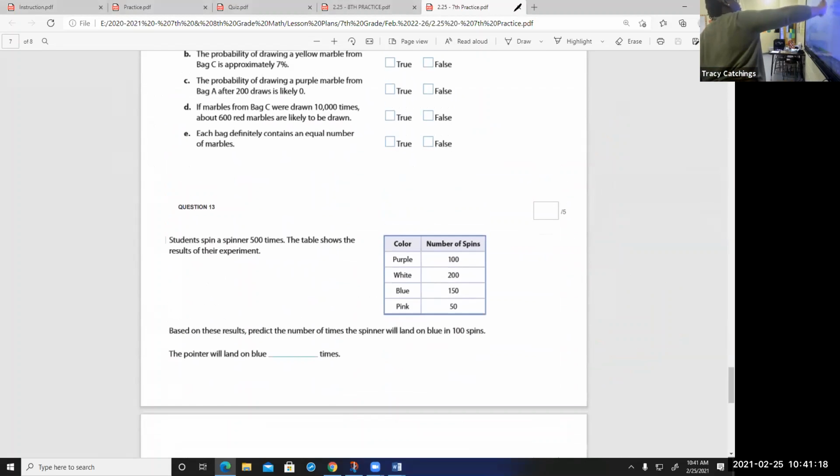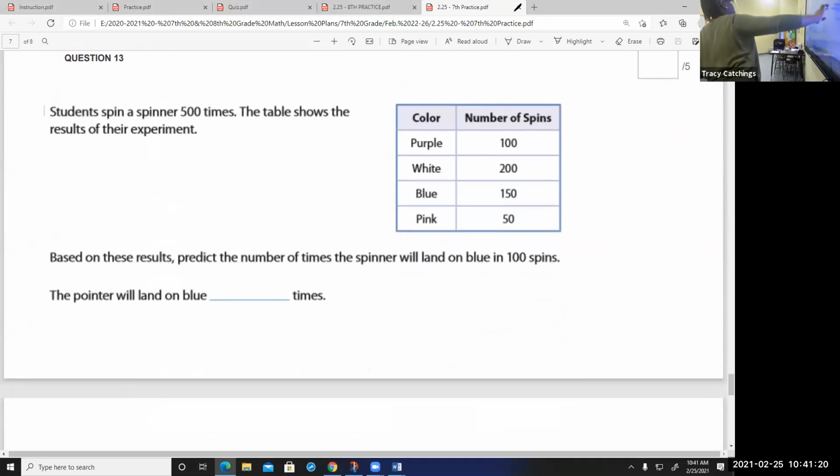All right, last but not least, students spin a spinner 500 times until the table shows the results. Based on the results, predict the number of times the spinner would land on blue in 100 spins. First, get our overall total. All right, they asked us about blue. Blue, we had 150 out of that 500.